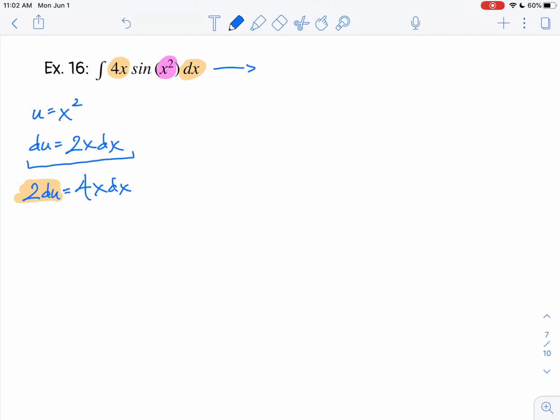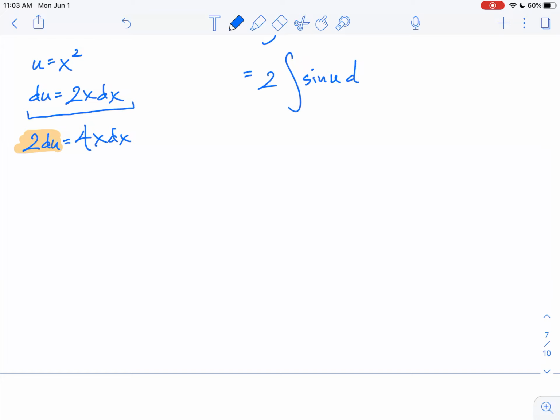All right, so let's substitute. I've got the integral of sine u, and then 4x dx gets replaced by 2 du. Now I'm going to go ahead and bring that 2 out to the front, so 2 times the integral of sine u du. And now when I integrate sine, I'm going to get negative cosine.